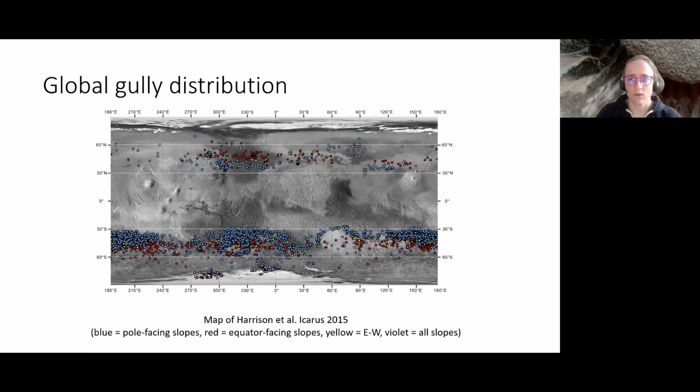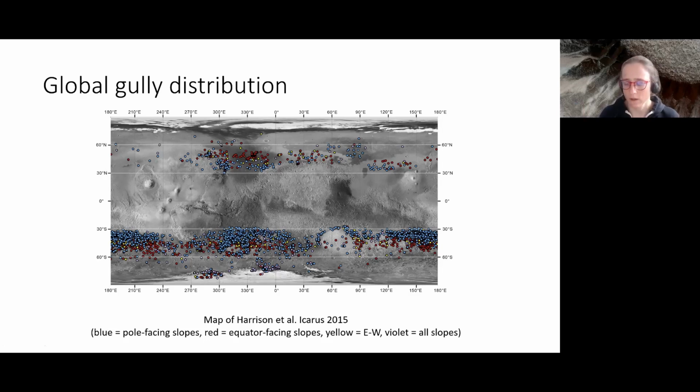And so this latitudinal distribution in gully landforms led researchers to think of a climatic reason for the formation of gullies. Because when you see a latitudinal distribution, that implies a reliance on temperature distributions on the surface of the planetary body.